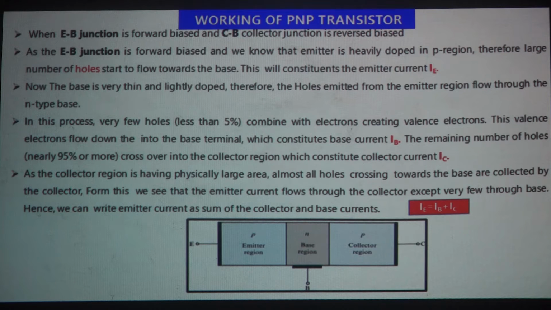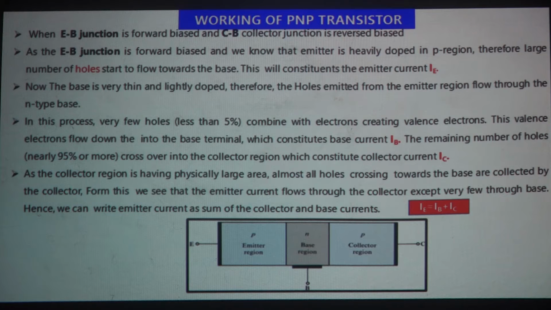Now the base is thin and lightly doped. Therefore the holes emitted from the emitter region flow through the N-type base, because the base is N-type in the case of the PNP transistor.